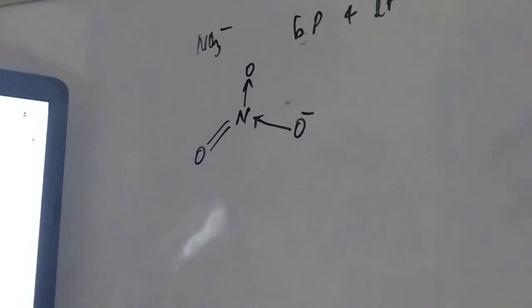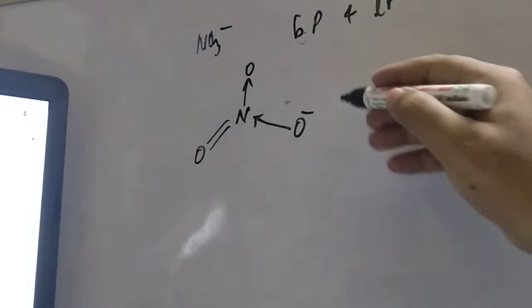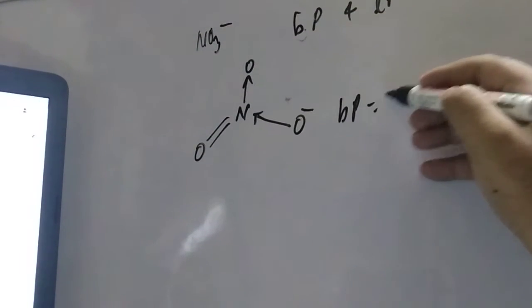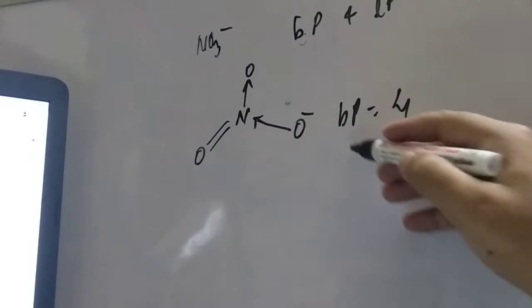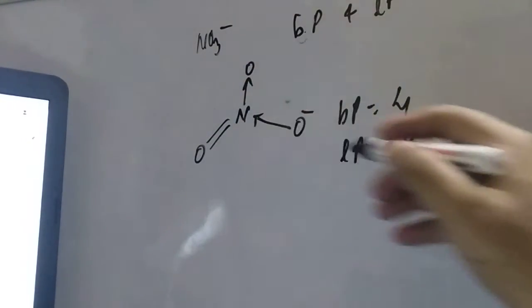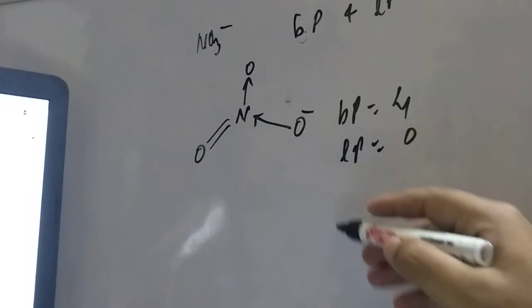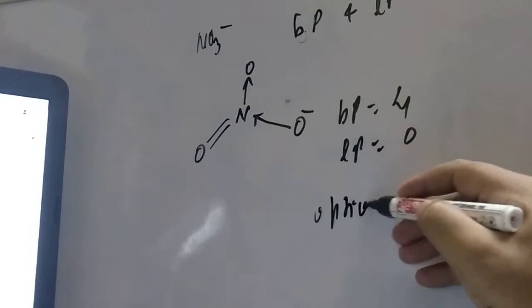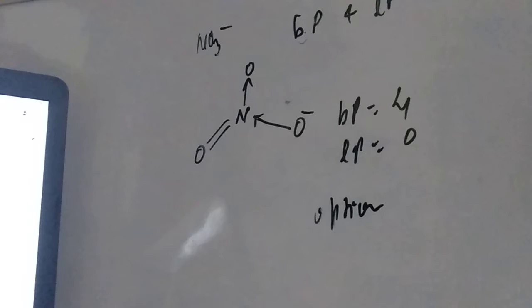So if you talk about the number of bond pairs, how much is it coming, student? 4. And the lone pair: there is no lone pair on the nitrogen, so 0. So if you match with the options, student, which option is correct? For NO3 minus, that is 4 and 0.